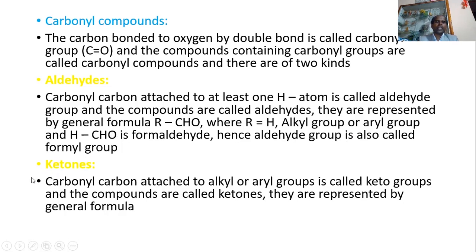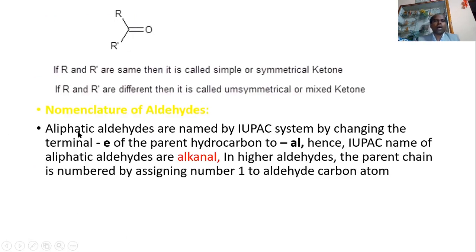Ketones means the carbonyl carbon attached to alkyl or aryl groups is called the keto group, and the keto group containing compounds are called ketones. They are represented by the general formula RCOR'.